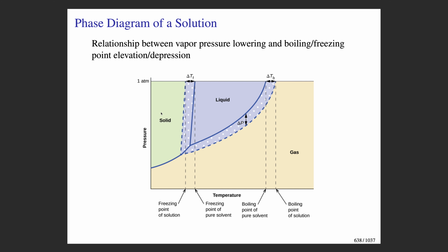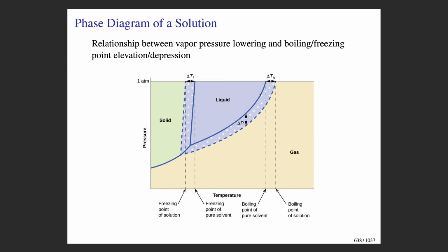Now, what happens when you make a solution? What that does is it essentially takes this part of the graph and slides it down this curve. So the amount by which the graph drops is the vapor pressure lowering.